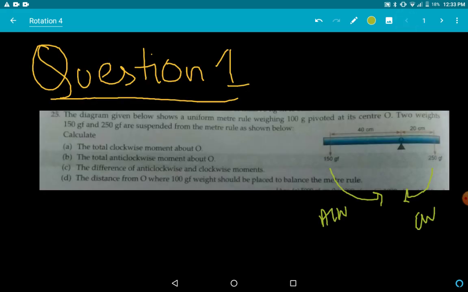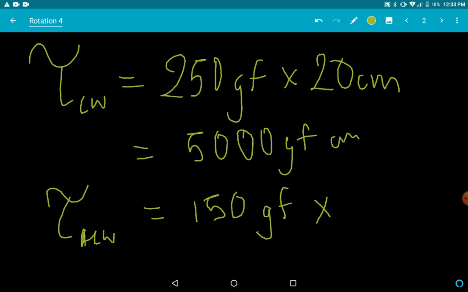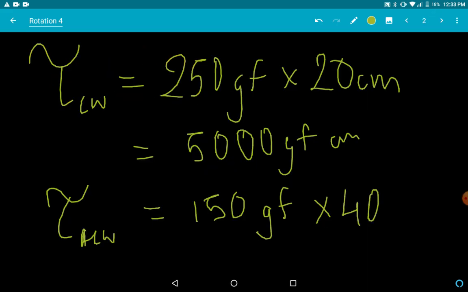Then total anti-clockwise moment about O. So tau anti-clockwise, ACW, will be nothing but, how much was the value? 150 gf into, it was 20, so it should be 40 centimeter. So this should be 6000 gf centimeter.